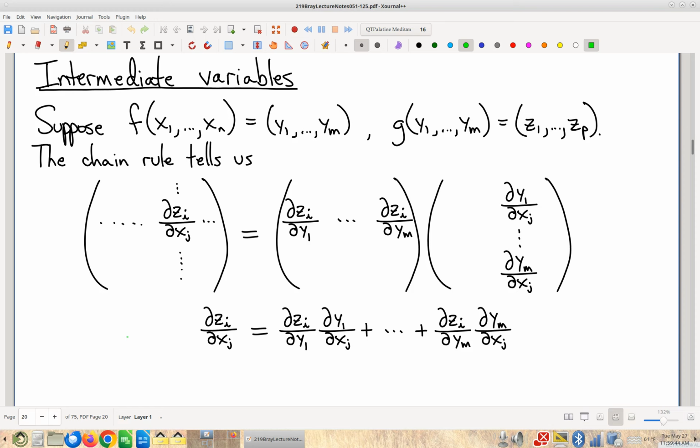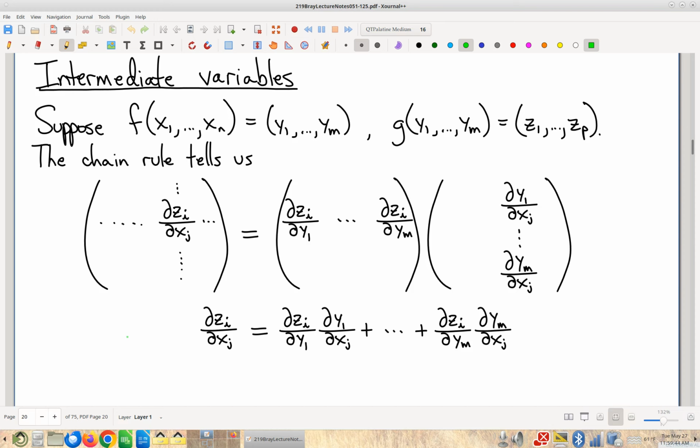So what do we know about how y1 changes when xj changes, with all the other x's held constant? Well, we have a name for that: the partial derivative, specifically this partial derivative right here. That's the factor that says when xj changes, by what factor multiplied by that does y1 change?